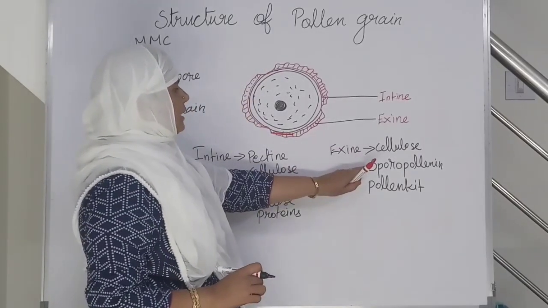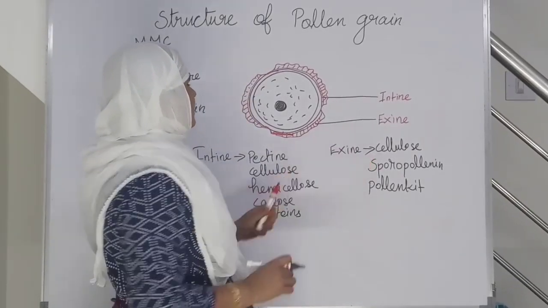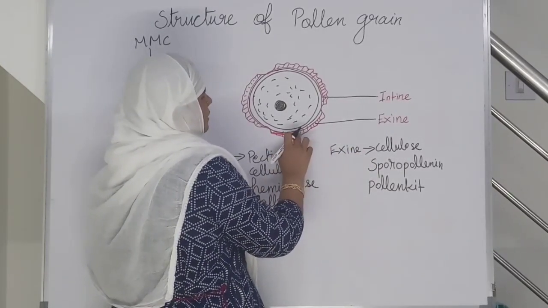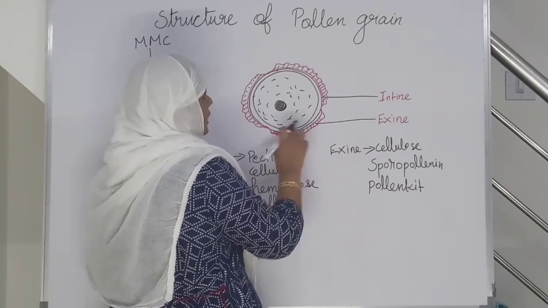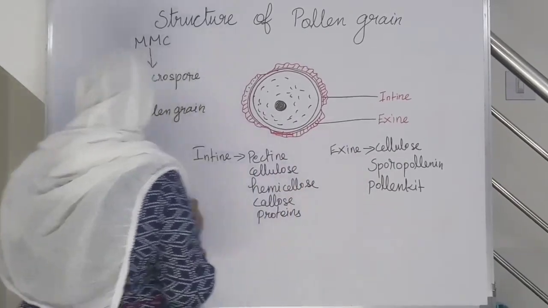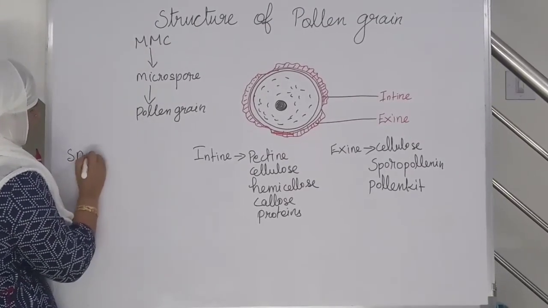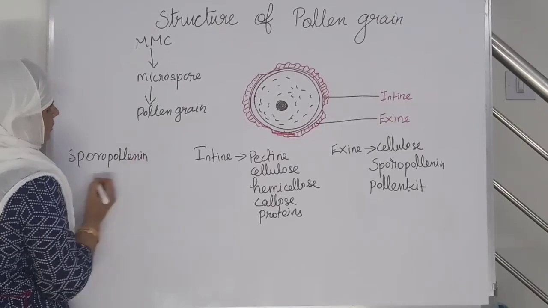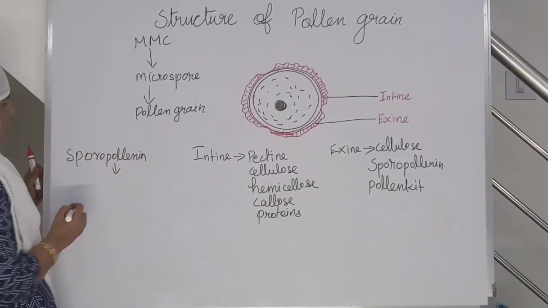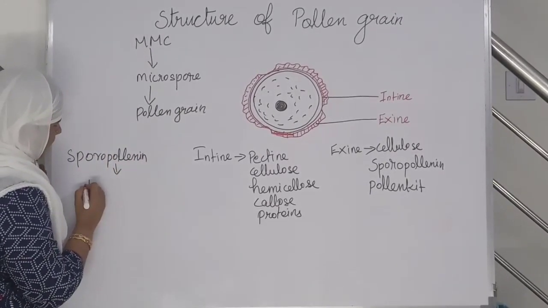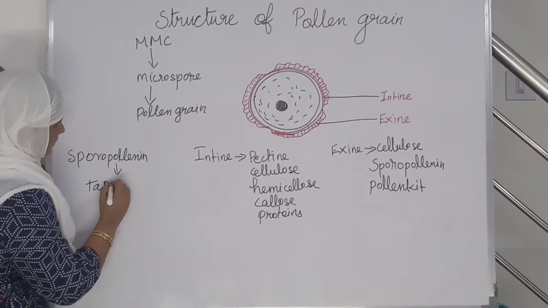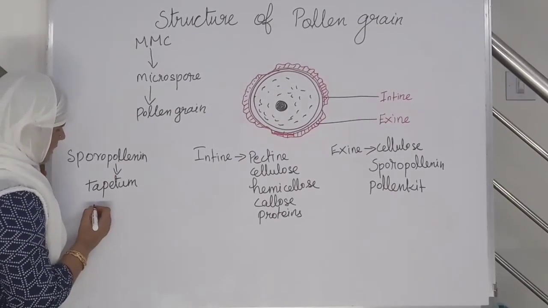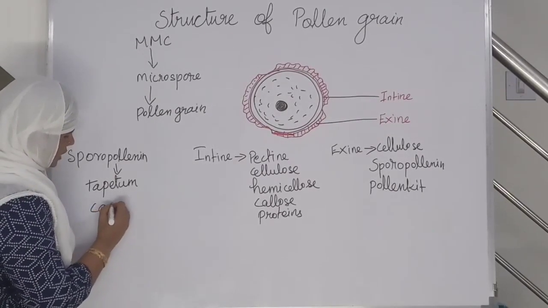This sporopollenin is derived from the tapetum. The exine is mostly made up of sporopollenin, and this sporopollenin is contributed by the tapetum, and it is derived from the carotenoids.